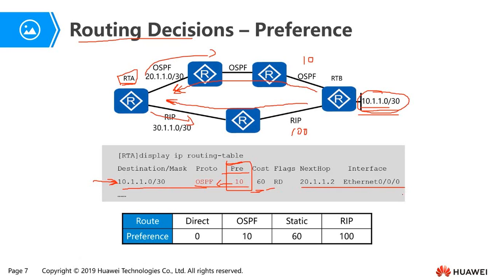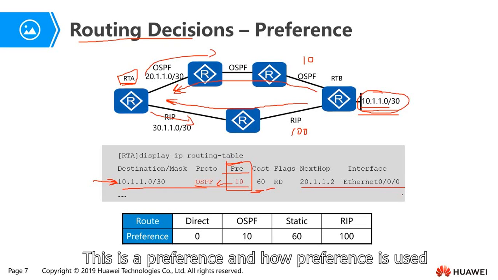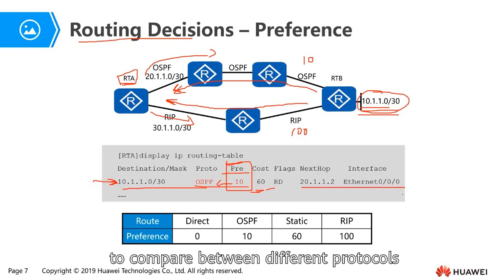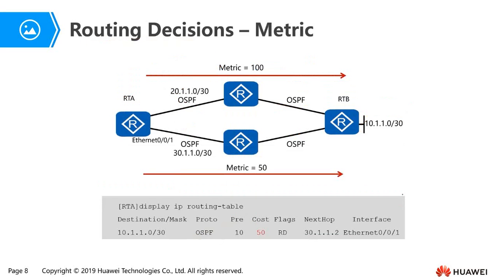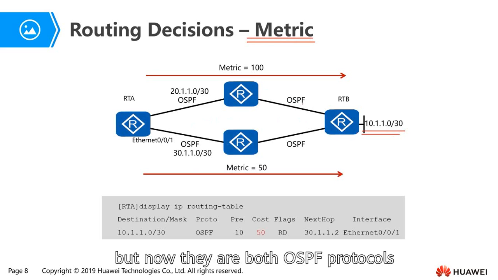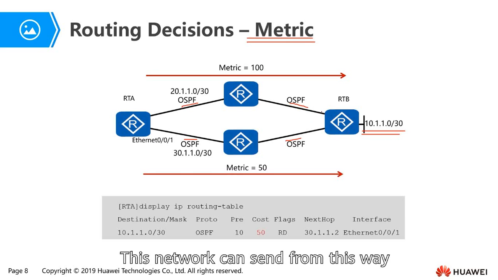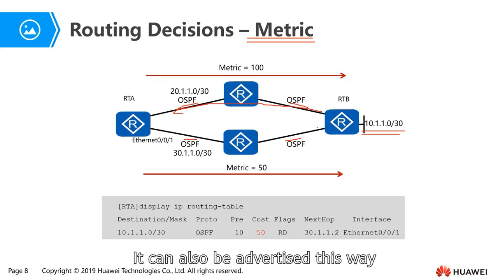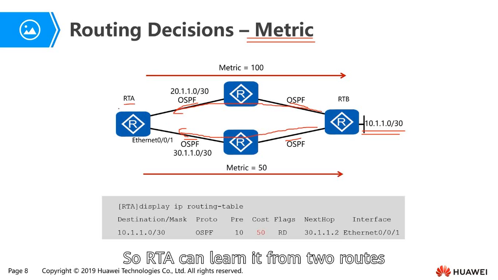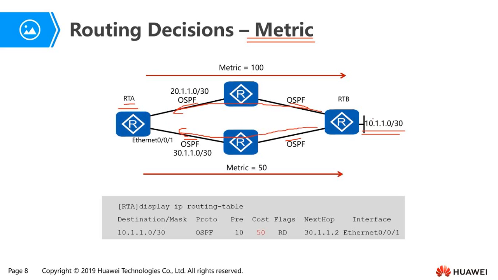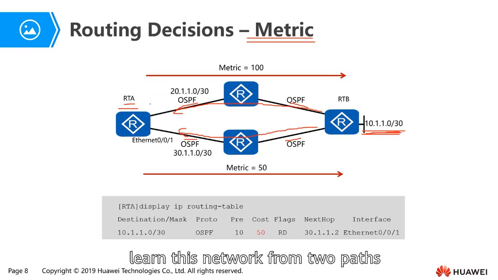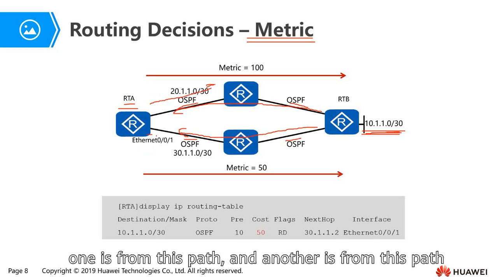Okay, this is how preference is used to compare between different protocols. But then there's another decision metric. What's metric? If the same destination network is advertised by both OSPF paths, RTA can learn the two routes for this network, one from this path and another from this path.